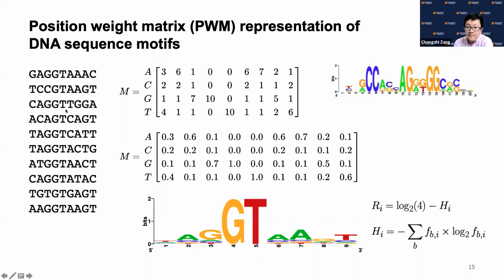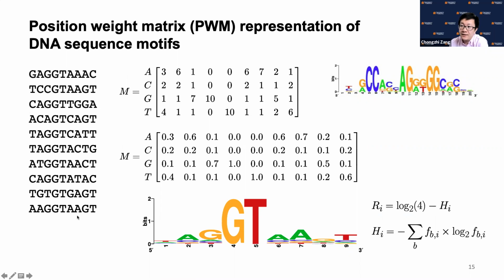For example, if we collected the transcription factor binding sites and found that this transcription factor can bind to different types of DNA sequence across the genome, this is an example of 10 DNA sequence fragments that some transcription factor can bind. So how do we derive a position weight matrix to represent the DNA motif?